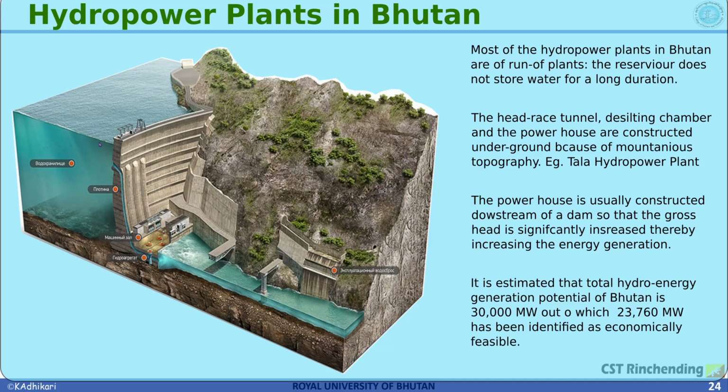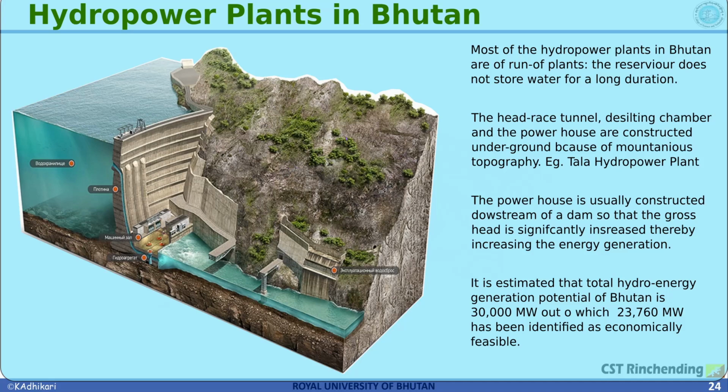It looks like there is mountainous topography, water is flowing, a dam is constructed here, and maybe this is the powerhouse. If it is a concentrated fall, then this could be a powerhouse, but in our case, the water is taken to the powerhouse through tunnels, right? So this is how a hydropower plant looks in Bhutan.